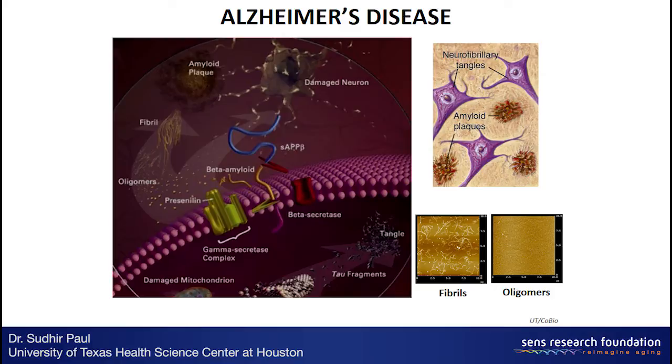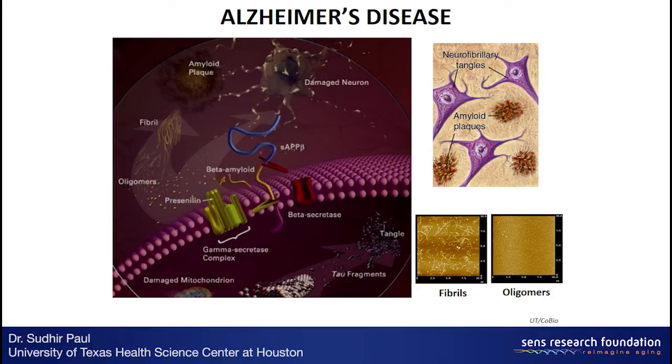At any rate, the amyloid beta peptide is this little bitty piece shown in light brown. This is formed by cutting of the precursor protein, amyloid precursor protein, by these enzymes, beta secretase and then gamma secretase, eventually releasing this peptide, which forms oligomers.